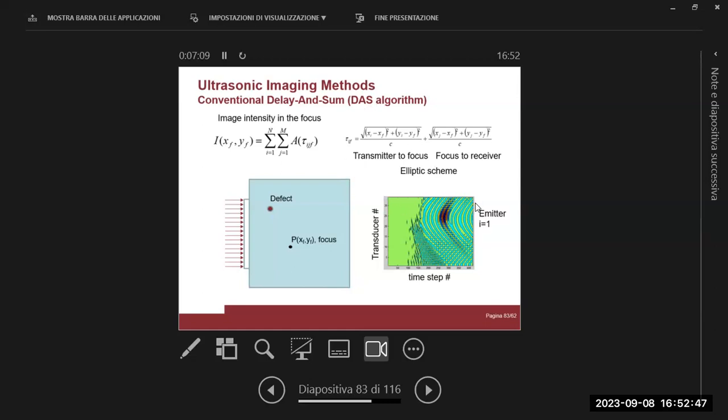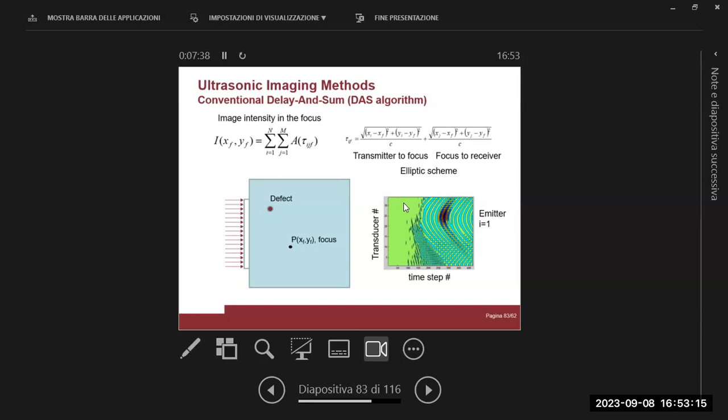Basically, one picks up a list of time histories recorded by all this array of transducers, and for each point of the plate, this XF and YF are the coordinates of what is called the focus, which is just a point on a plate.